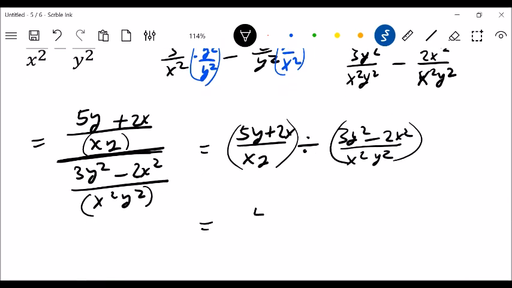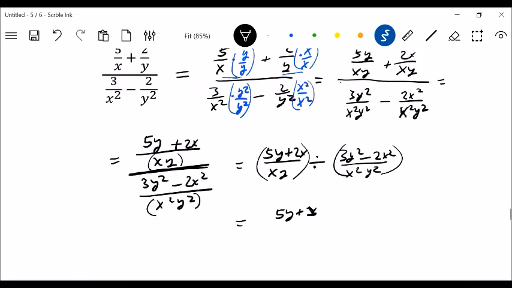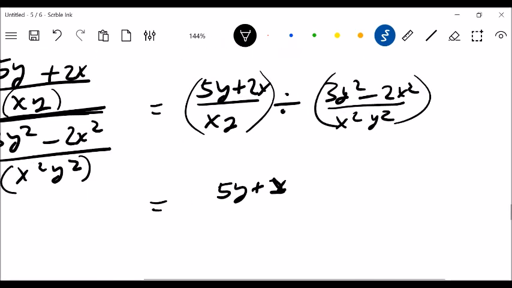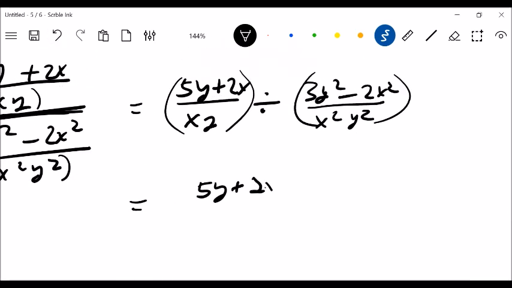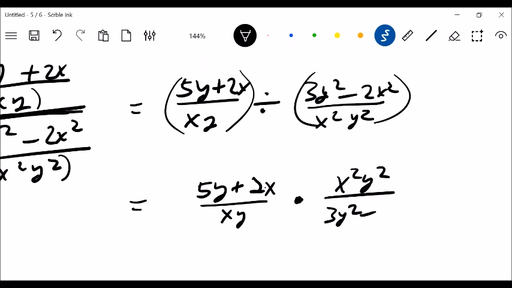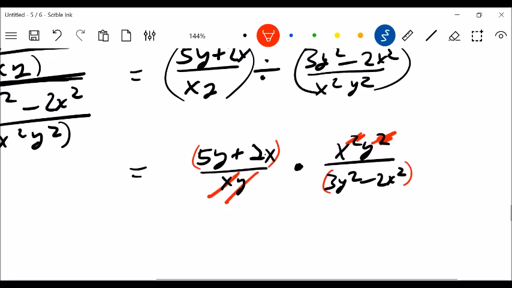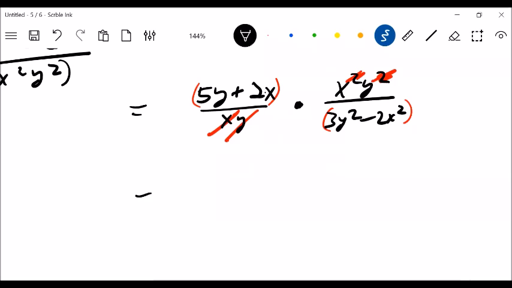And that allows me to make it multiplication. 5y plus 2x over xy times, and the second one I can do the reciprocal. And this is when we look for things we can cancel out. This x can cancel with the other x there, and this y cancels out with the other one here. There's nothing else I can really do because these are in parentheses. They would have to be exactly the same to cancel out.